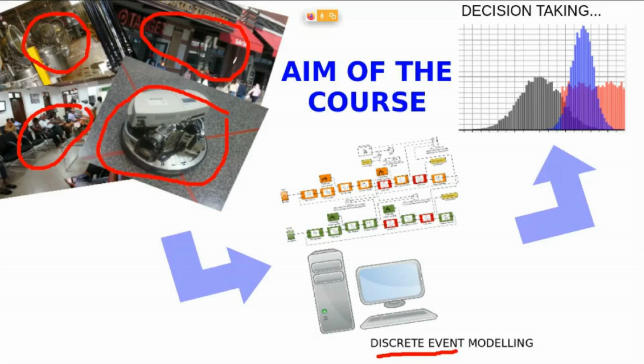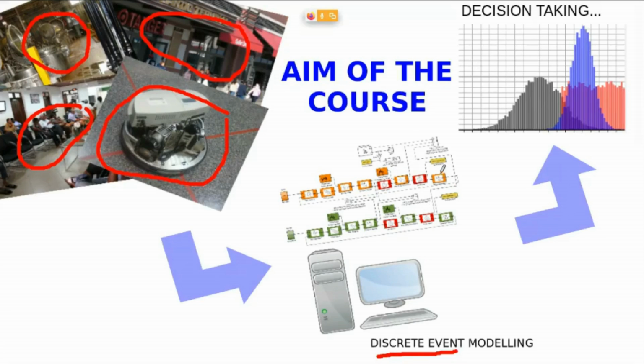You don't know exactly when a customer will arrive to your shop. You don't know exactly when a patient will arrive at the emergency stage at the hospital. So you don't know when a new order arrives to your production process.